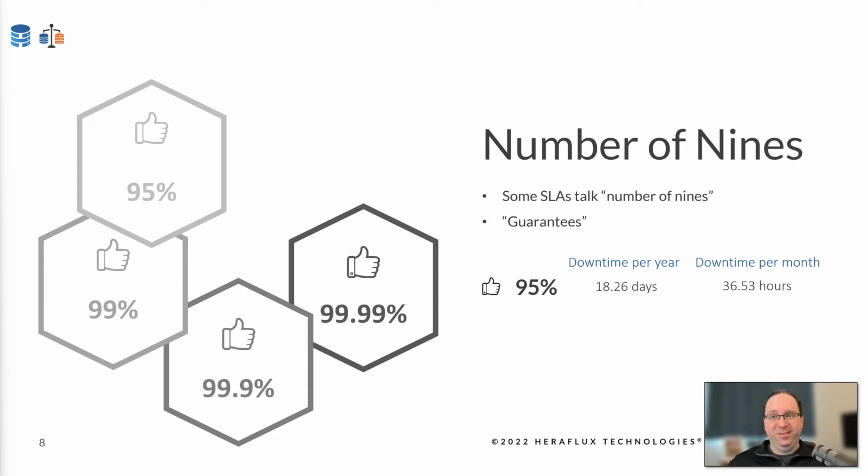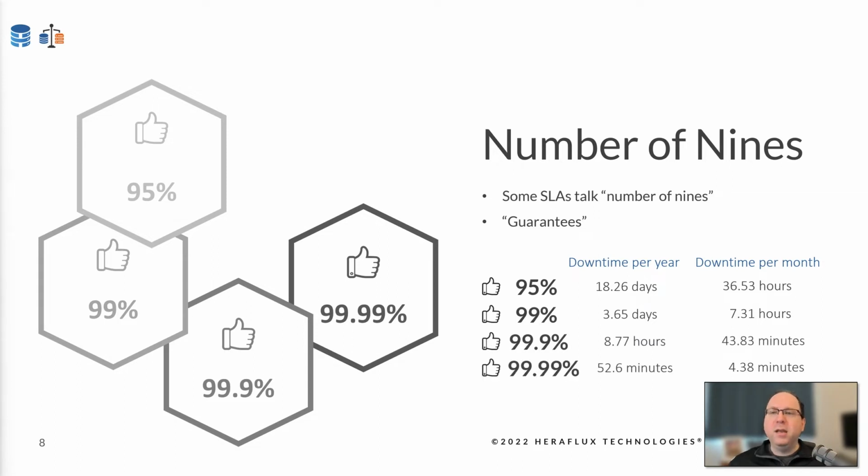That's serious. That's very significant. It's 36 hours of downtime per month. Again, that hurts. That gets in the way of doing business. So you start to go 99, 99.9, 99.99, and you end up in a situation where even 4 nines there is 4.5 minutes per week or per month.